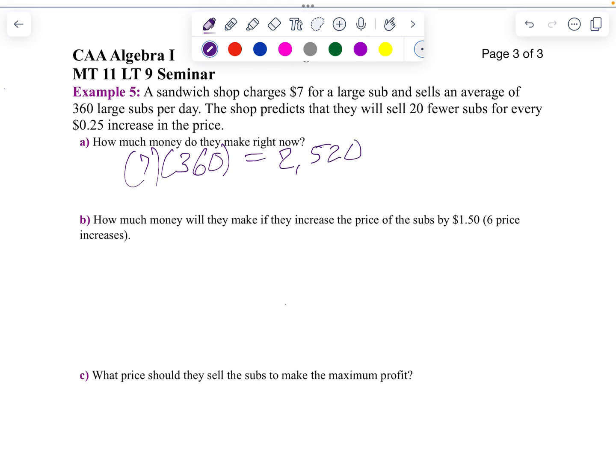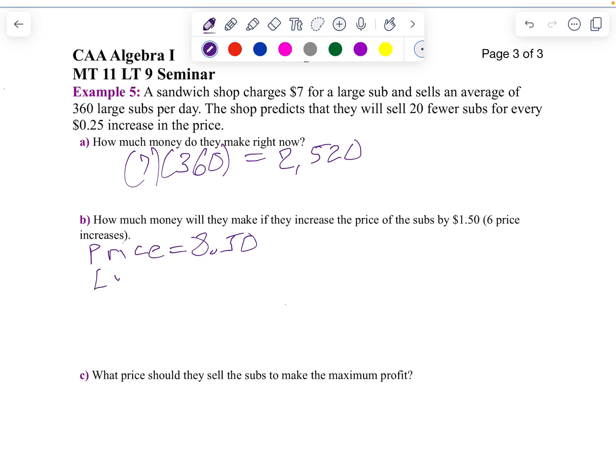Now, if they increase the price of the subs by $1.50, I know the price of the sub is going to be $8.50. That's 6 price increases. That's a key, because if we have 6 price increases, we're going to lose 20 customers each time.